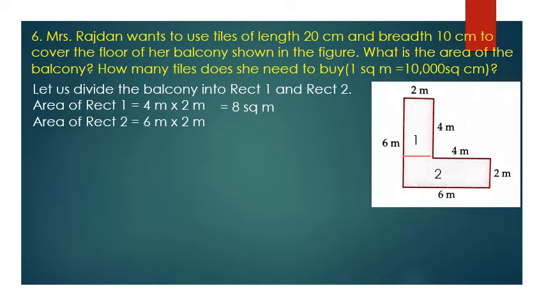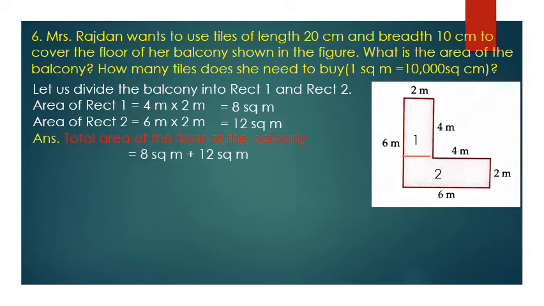Area of rectangle 2 is equal to 6 meter multiplied by 2 meter, where 6 meter is the length of rectangle 2 and 2 meter is the breadth of rectangle 2. So 6 meter multiplied by 2 meter is equal to 12 square meter. Now children, the total area of the floor of the balcony is equal to area of rectangle 1 plus area of rectangle 2.